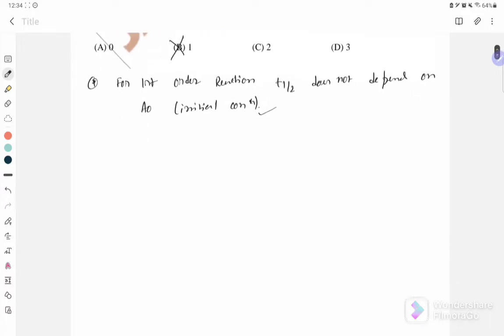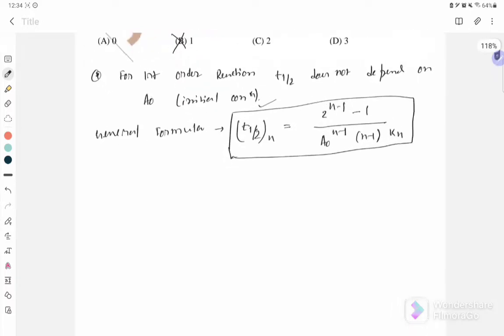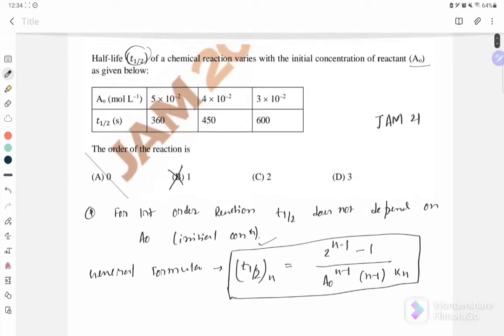A general formula for T half for a reaction of order n is 2 to the power n minus 1 by A0 to the power n minus 1 into kn.